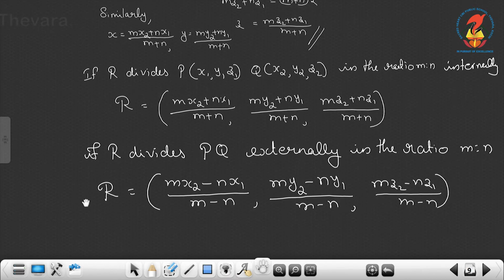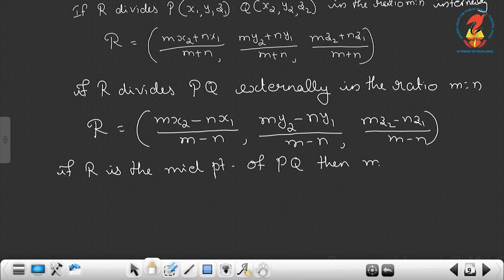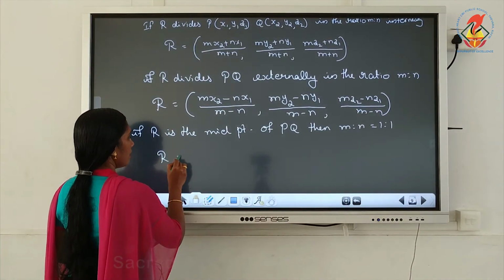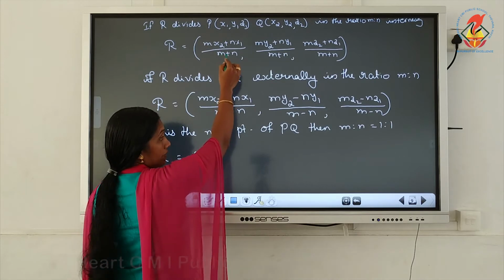Now, if R is the midpoint of PQ, then m is to n becomes 1 is to 1, isn't it? R is the midpoint of PQ. Then what about the coordinates of R? It's internal division, okay?